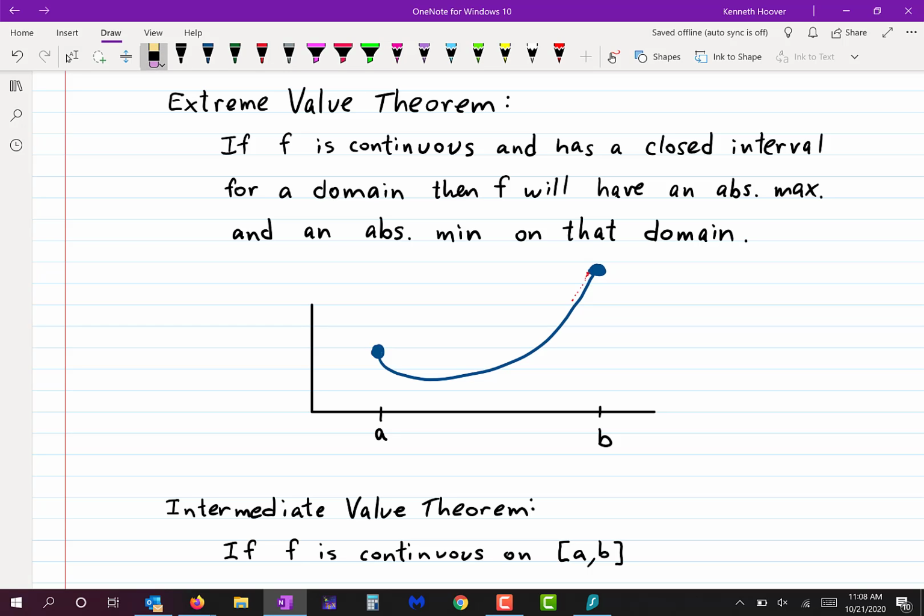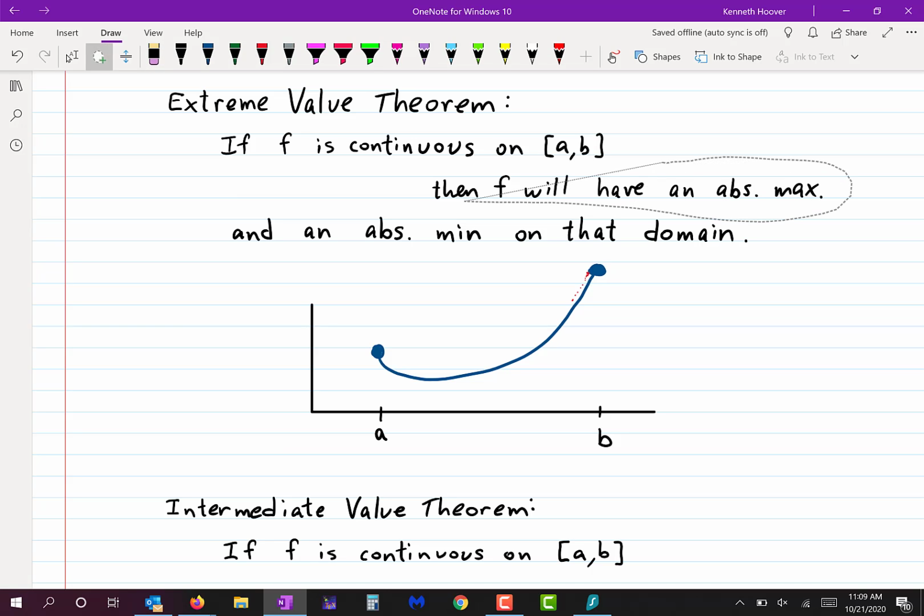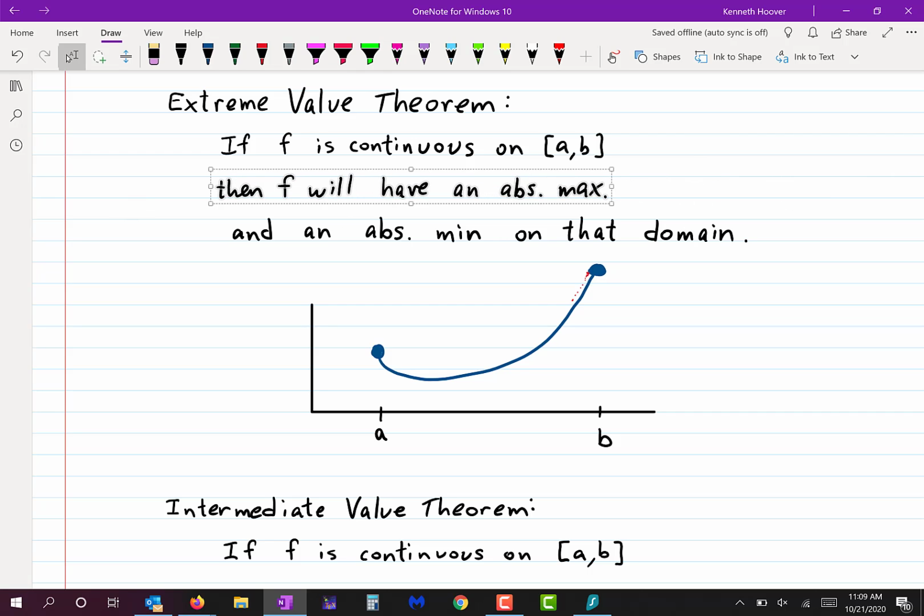If f is continuous on a closed interval from A to B, then it will have an absolute max and an absolute min on that closed interval.